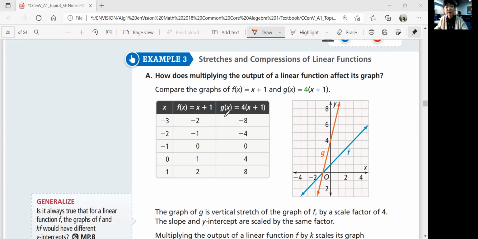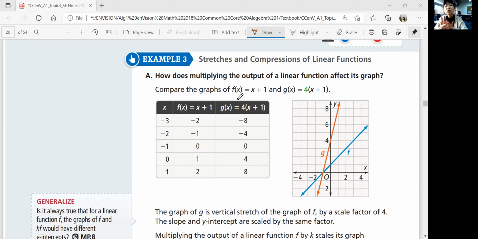We're going to compare the graphs of f of x equals x plus 1 and g of x equals 4 times x plus 1. So we're going to take the entire rule and multiply all of it by 4. And that is a vertical transformation. Which type of transformation? We're going to talk about it later, right?